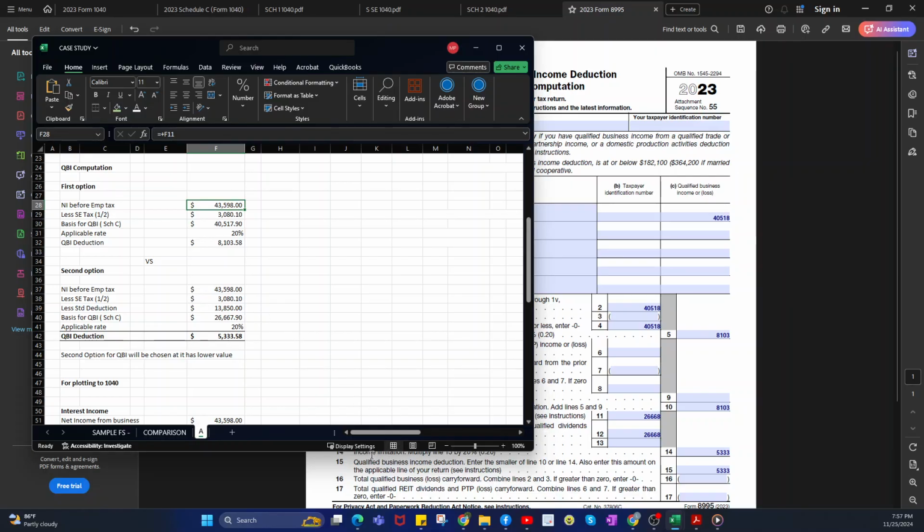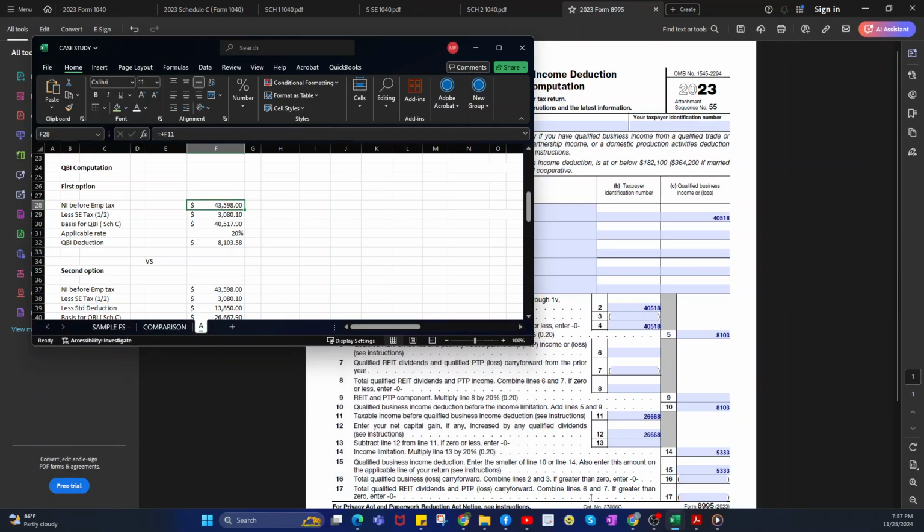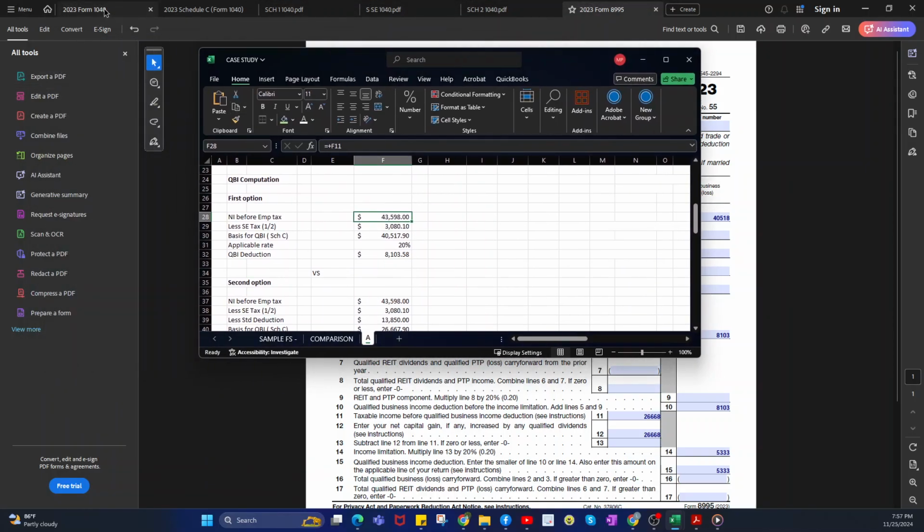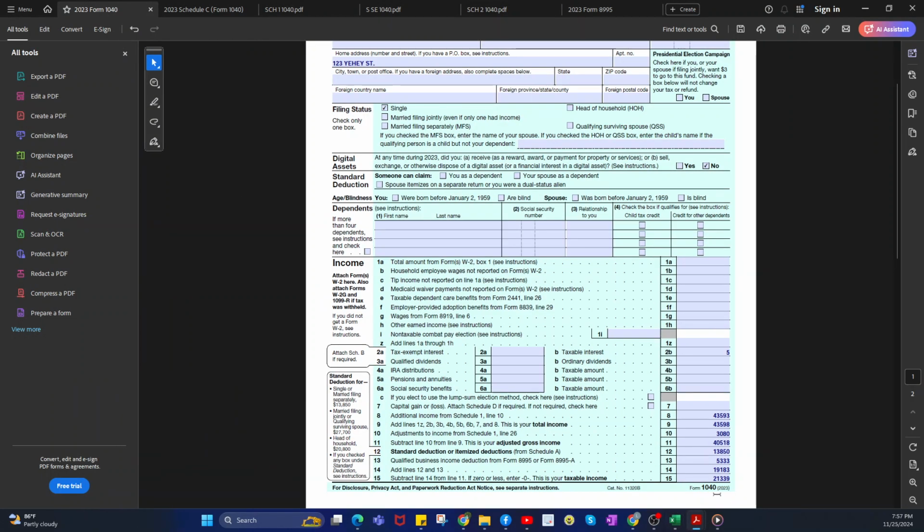Based on the instruction, the taxable income should not include the computed QBI. So if you go to the 1040, how it was arrived at, we have the AGI and subtract from it the standard deduction, since this is a single taxpayer, and the answer to that is the second basis for the QBI.